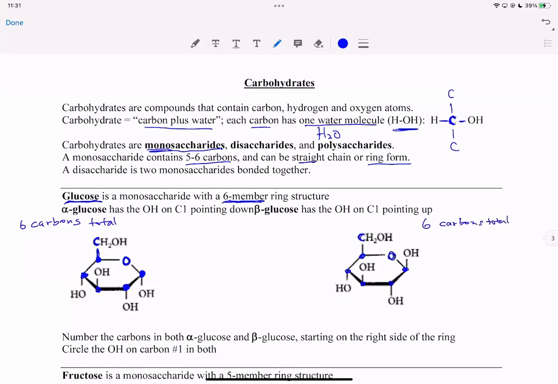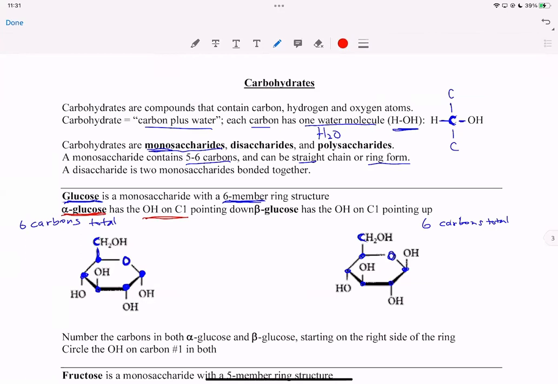Okay. It's a 6-member ring structure. And the only difference between these is the position of 1 hydroxide group, one of those OH groups. So in alpha glucose, the OH group on carbon number 1 is pointing down.